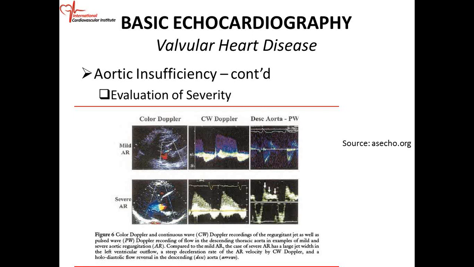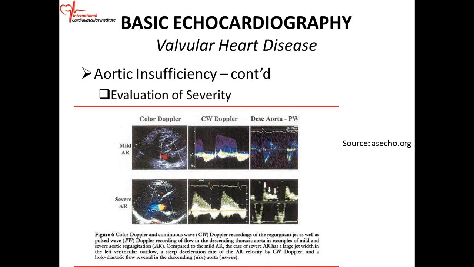And then if we look at our descending aorta, remember this is done via the suprasternal notch. So if we look at our descending aorta, you get what we call diastolic flow reversal, okay? So this is systolic flow, and you have almost nothing here in diastole.